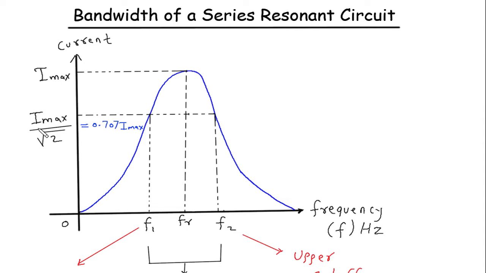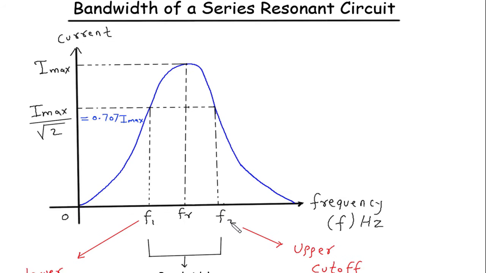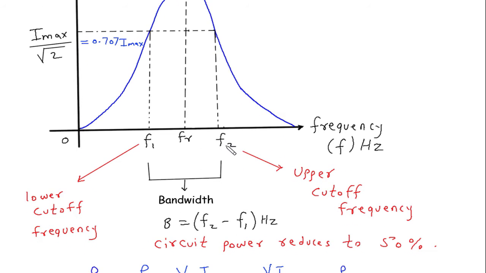If we take I max divided by root 2, then this point is F1 and this point is F2. The difference between F2 and F1 is called bandwidth. B is equal to F2 minus F1. The unit is Hertz. F1 is called the lower cutoff frequency and F2 is called the upper cutoff frequency.